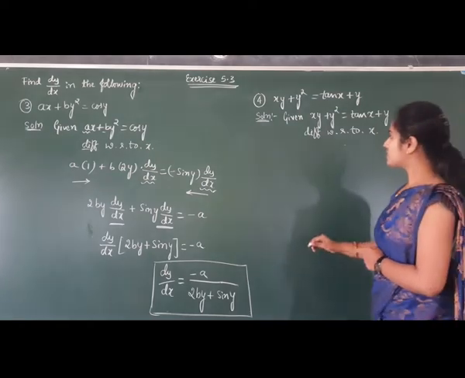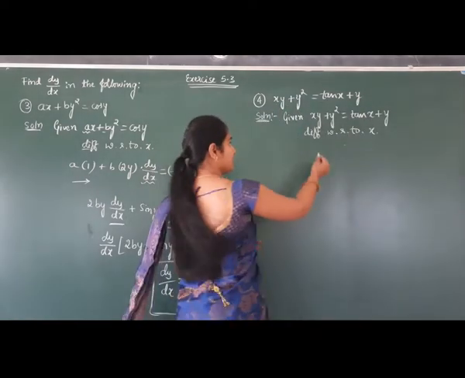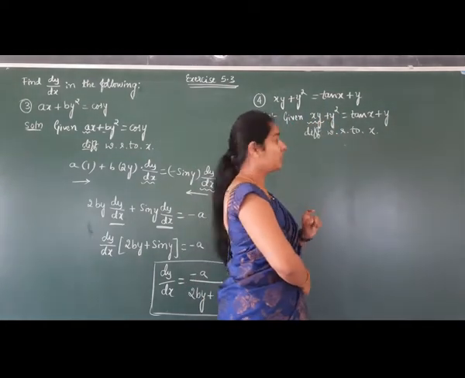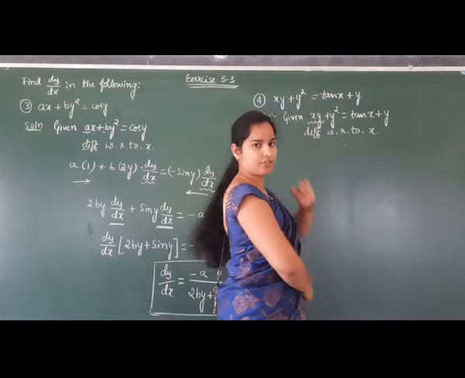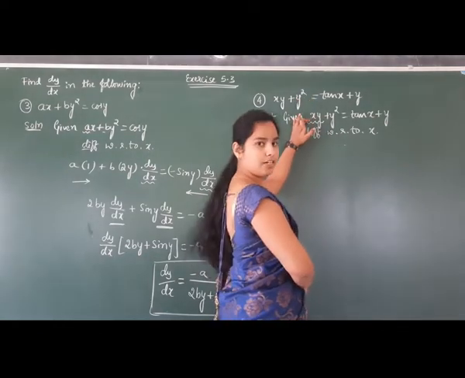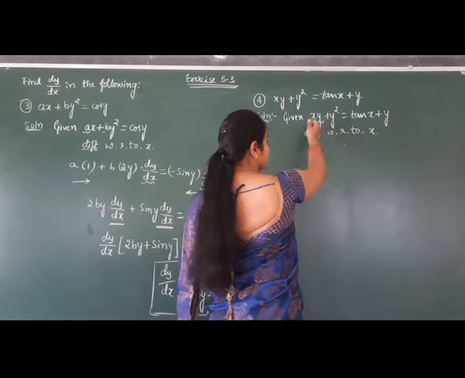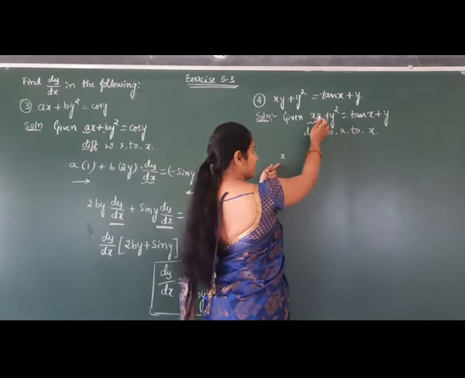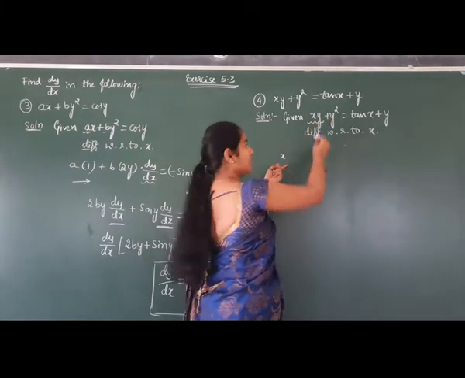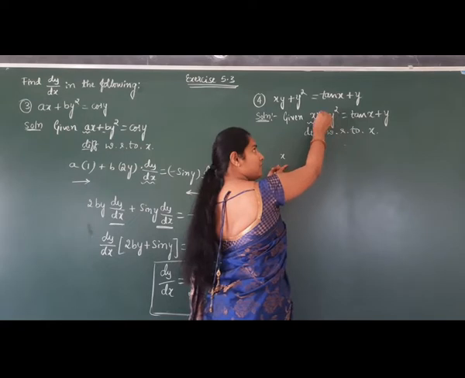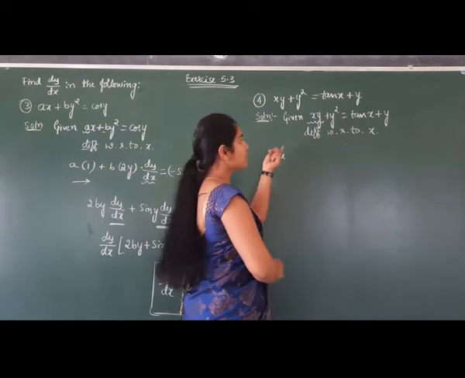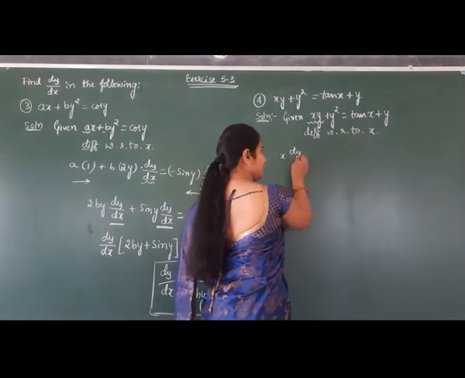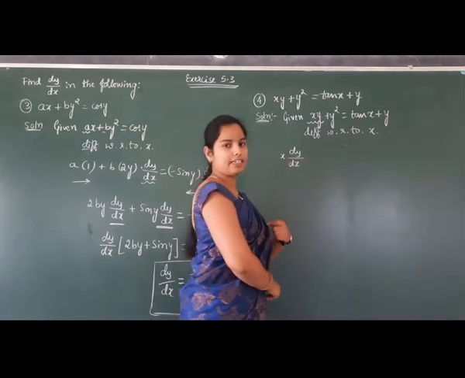Observe here is the term x into y. x is one function and y is another function, so here we apply the product rule. I will keep the first function as x and find the derivative of the second function, into dy by dx.